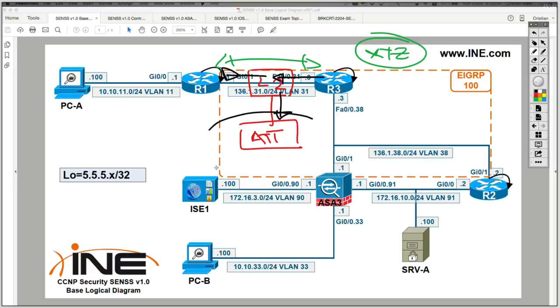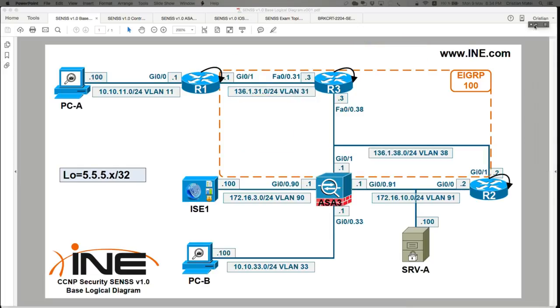Then the attacker receives the packet from router 3, sees the clear text password, and can perform the same attack again.